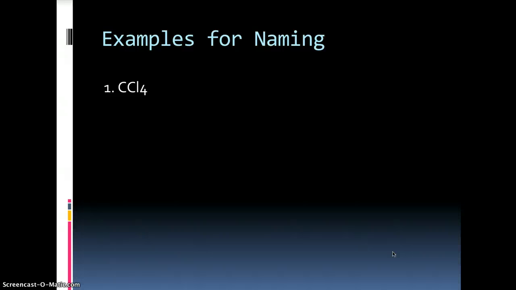So when you name these, if we start off with CCl4, your first element is carbon, your second element is chlorine. You only have one carbon, the prefix for that is mono, but we never use mono at the front. And then you have 4 chlorines. So you would put the tetra prefix in front of your chloride.